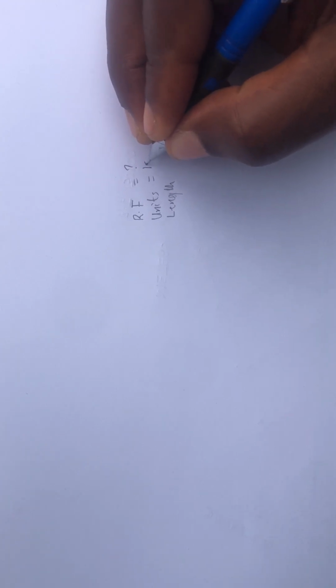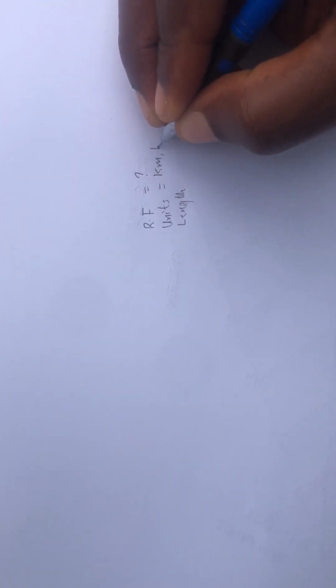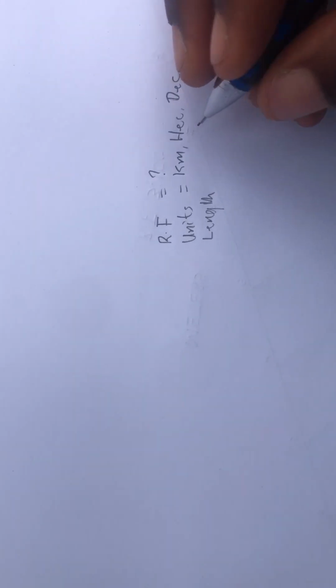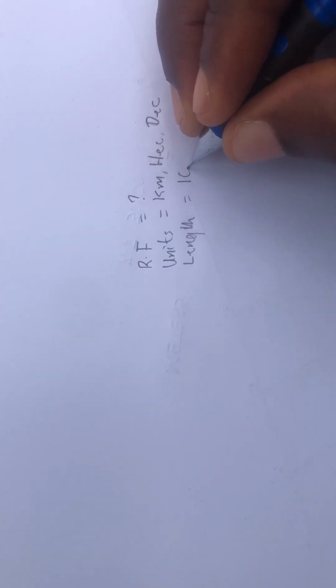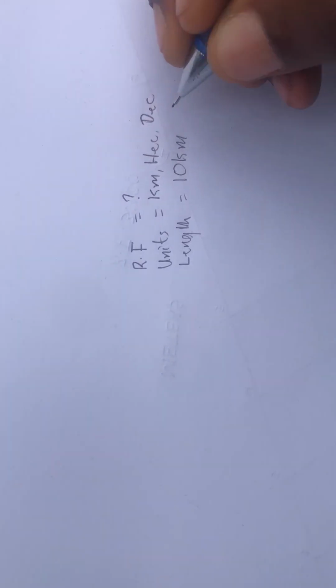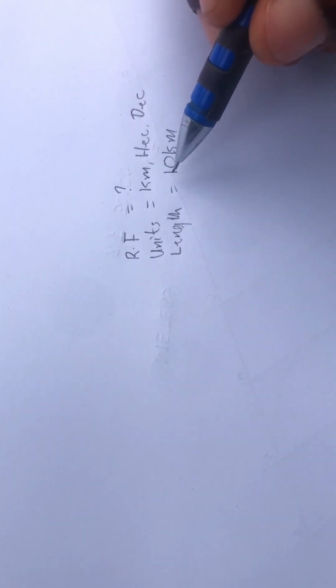The units that were given were kilometer, hectometer, and decameter, and they gave us a maximum length of 10 kilometers. So we cannot solve this question directly because our RF is not given. So we have to calculate for RF.